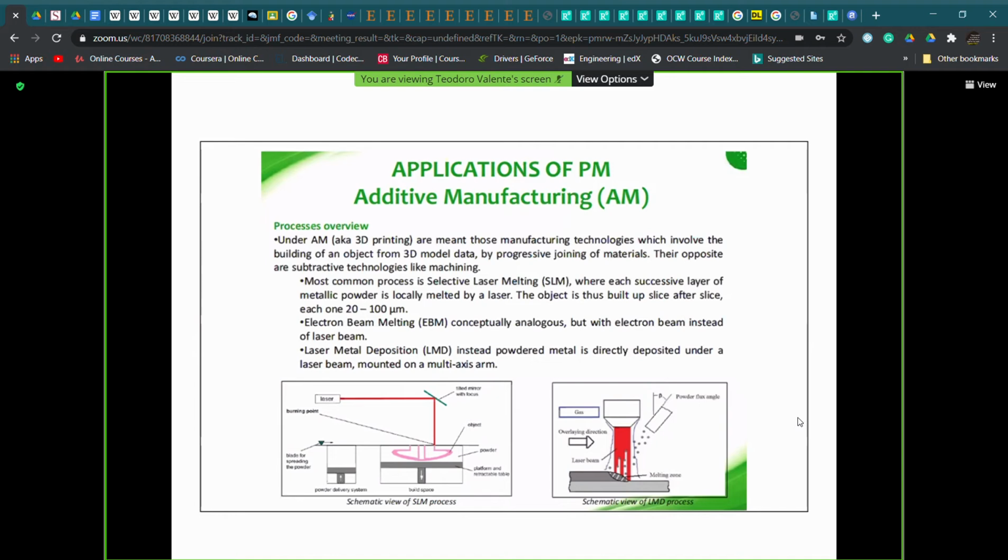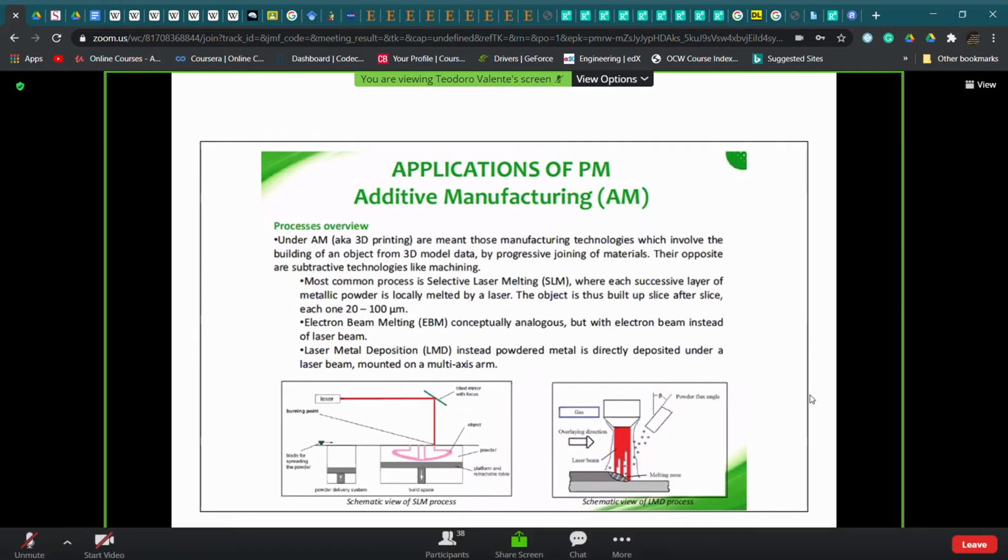Essentially, under the heading of additive manufacturing technology, we include those technologies which involve the fabrication, that is the building, of a component or an object, starting from three-dimensional model data by progressive joining of materials.